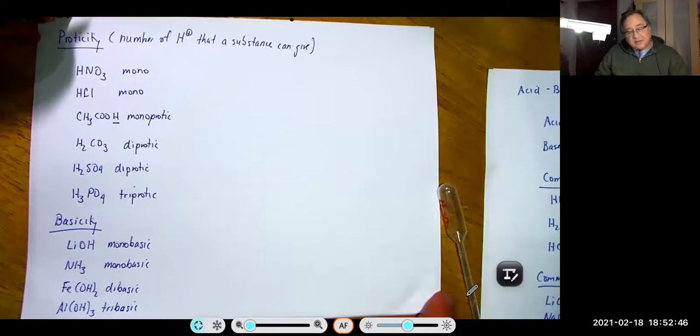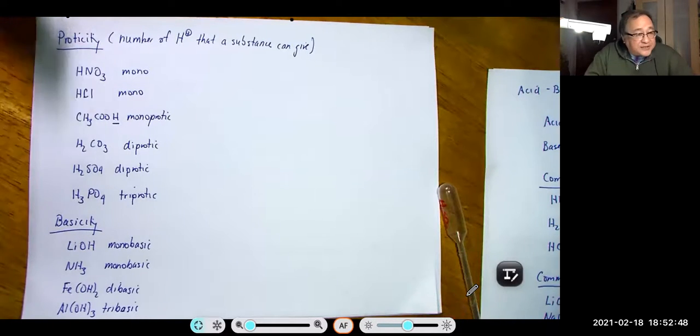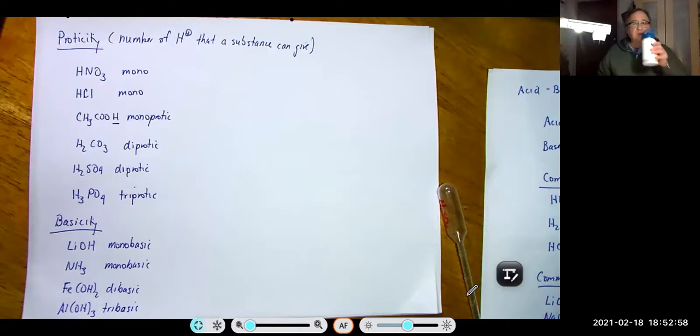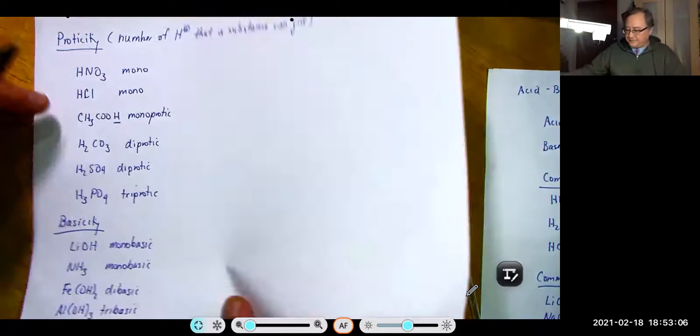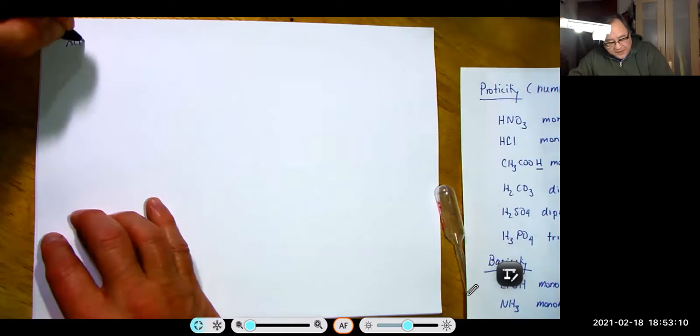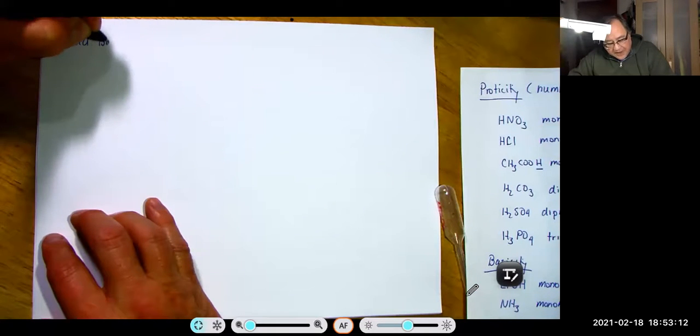So the next thing I'm going to do is I'm going to show you an acid-base reaction and what happens in the acid-base reaction. So this is an acid-base neutralization reaction.